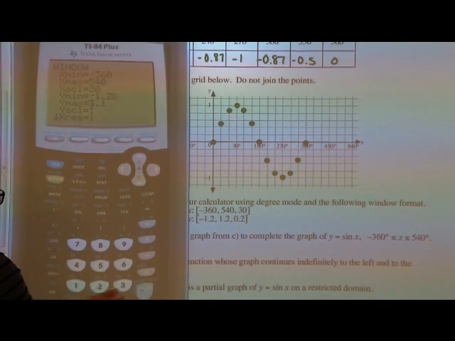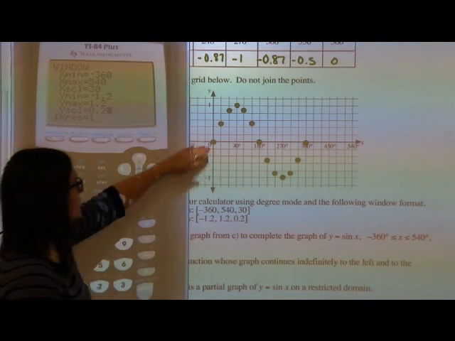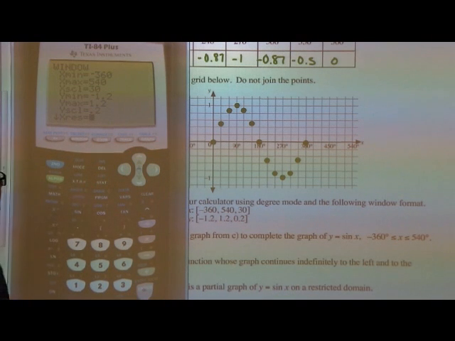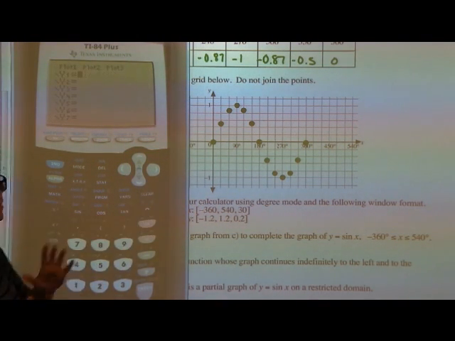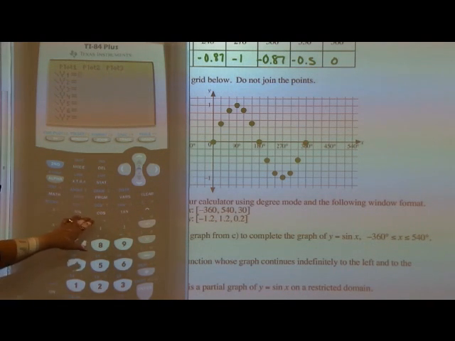Negative 1.2 to positive 1.2, going up by 0.2s, which again will match. I'm in degree mode, so now I go to y equals, clear whatever I have there, and I'm going to graph sine x. And then you're going to press graph.